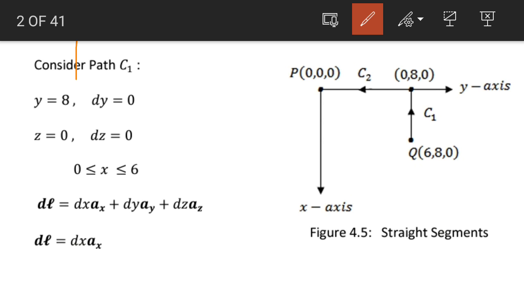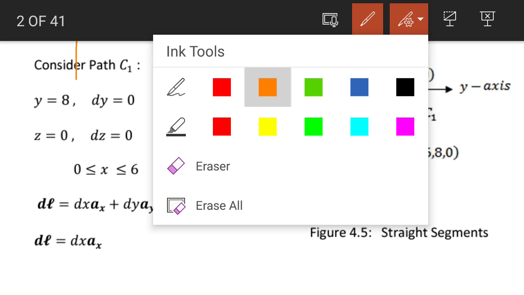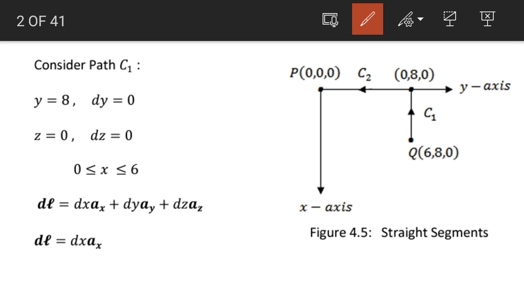The summation of these 2 energies will give you the total energy. So let us consider this path C1.